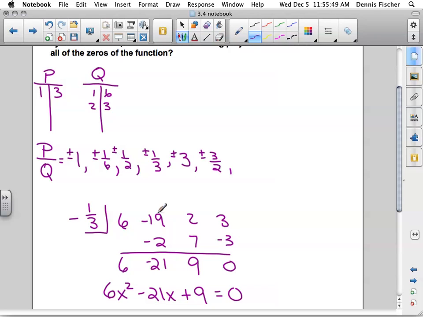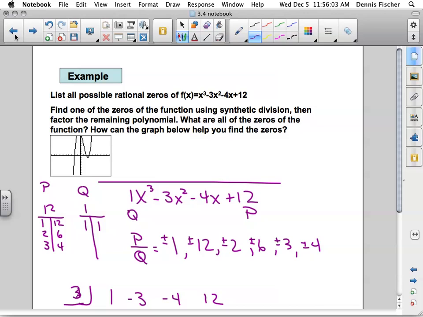But here's a thought now. On the last equation right here, I have a lot of numbers. We tried 3, right?